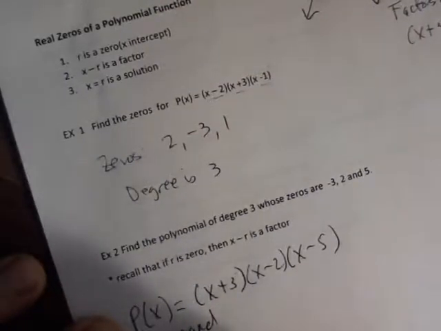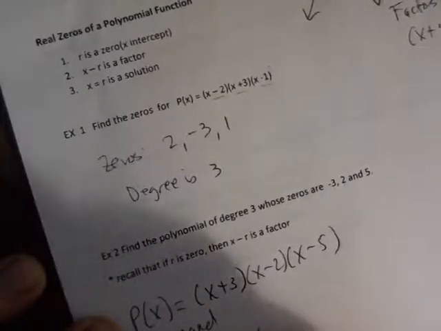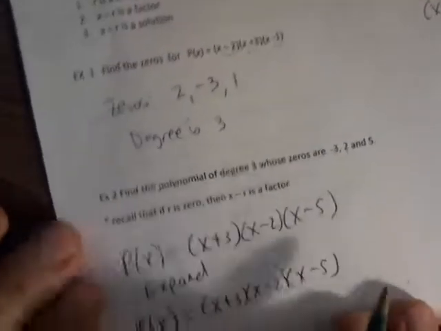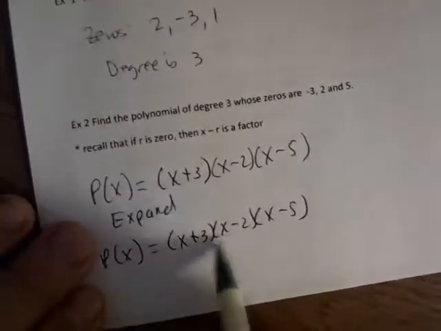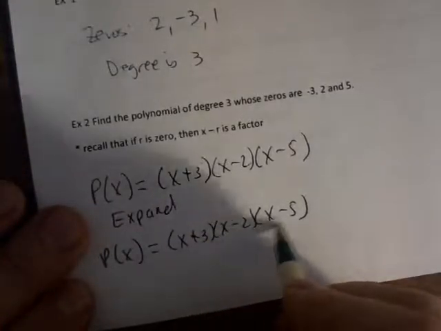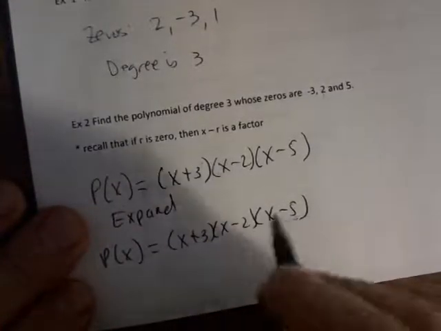The way I expand a polynomial is I'm going to use my FOIL method for these first 2 factors here. Keep in mind that whatever I get here, I multiply by this when I'm done.